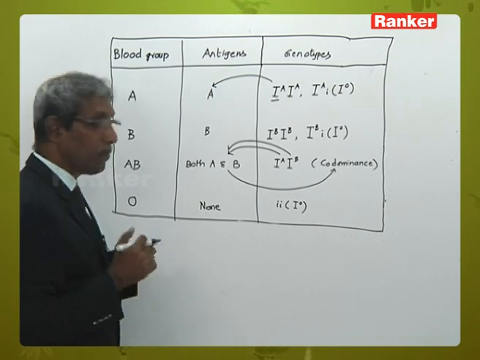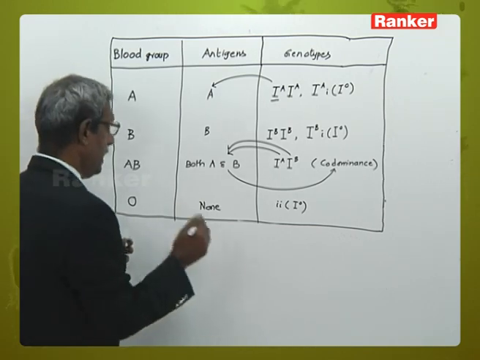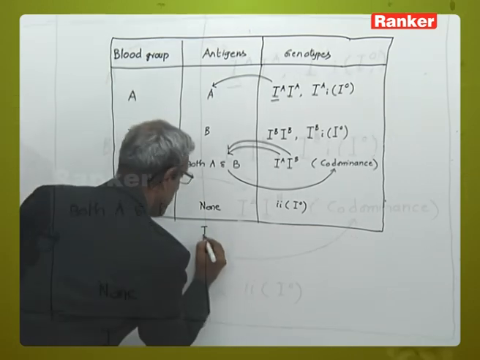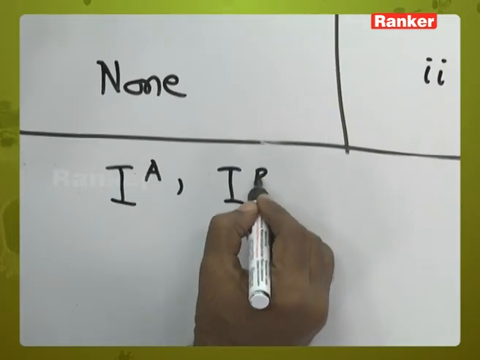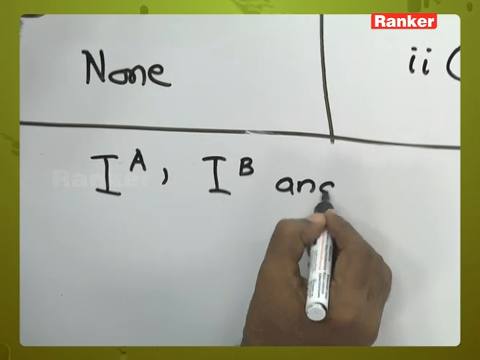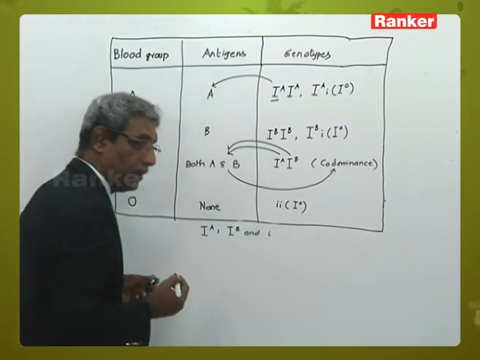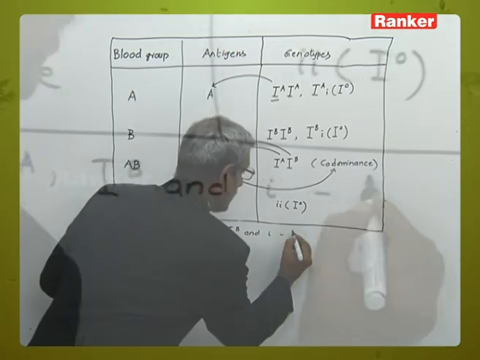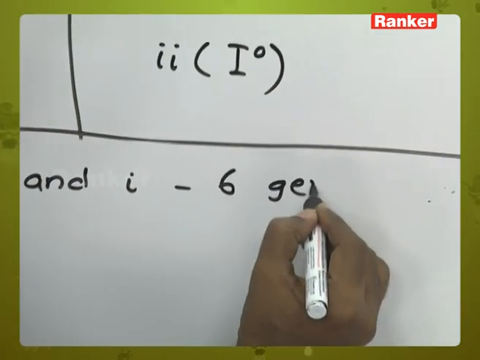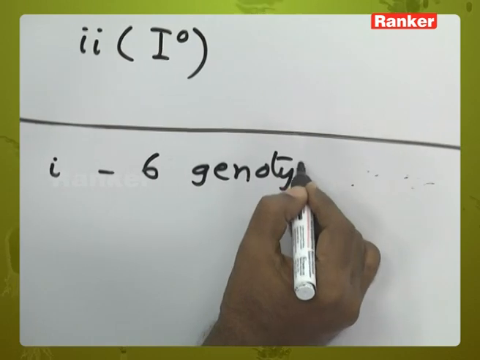And when you take the combination of IA, IB and small i, you will find that there is a presence of 6 genotypes. There is always a presence of 6 genotypes.